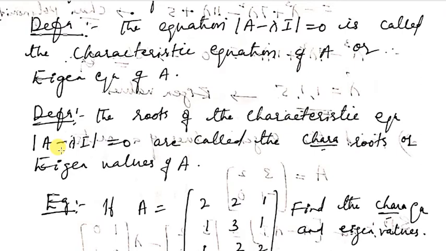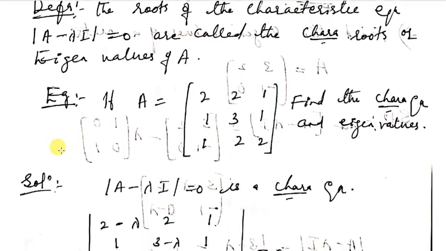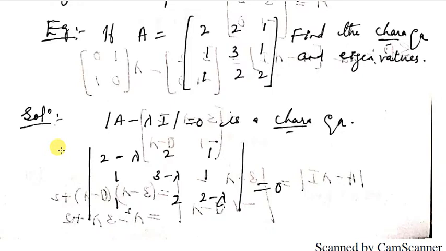This is clear. So I'll take up one example here from which you will easily understand what the characteristic matrix, polynomial, equation, and eigenvalues are. Here I have taken a 3 cross 3 matrix, which is a square matrix. 3 cross 3 means the order is 3.